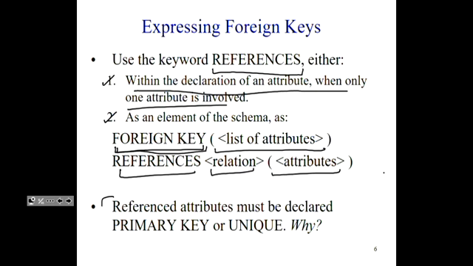One thing to remember is that the attribute that you are referencing, so you have Sells that is referencing Beers, and in particular Sells.beer is referencing Beers.name. So the referenced attribute Beers.name must be declared as either primary key or unique in the Beers relation. Why is that? Why does that make sense?